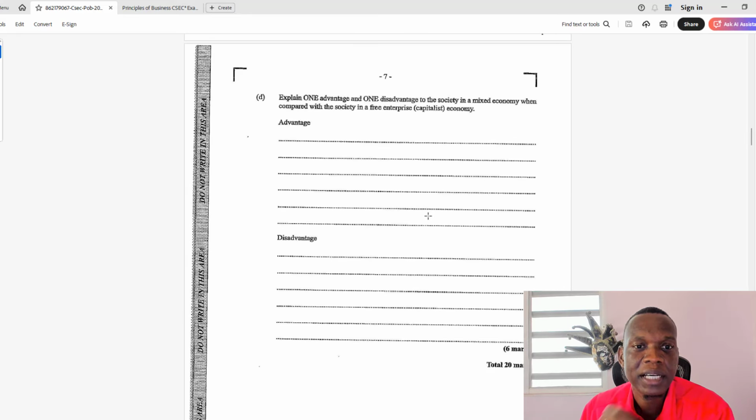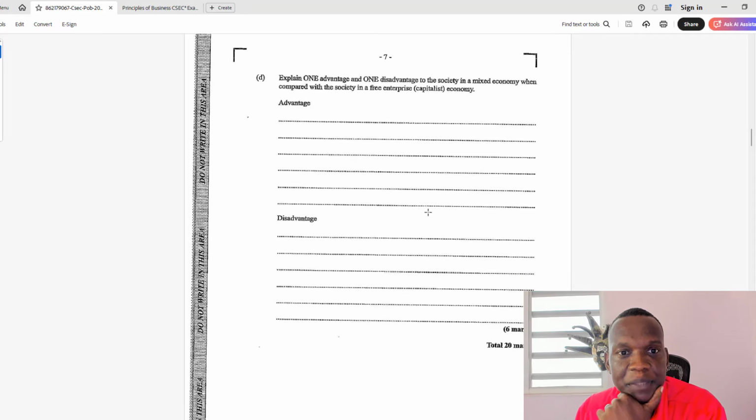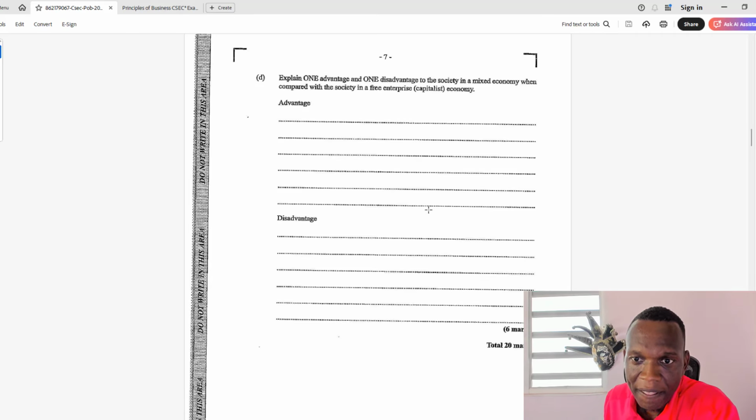Then we have D. Explain one advantage and one disadvantage to society in a mixed economy when compared to society in a free enterprise or the capitalist system. So one advantage and one disadvantage to each of those. So let us look at them.